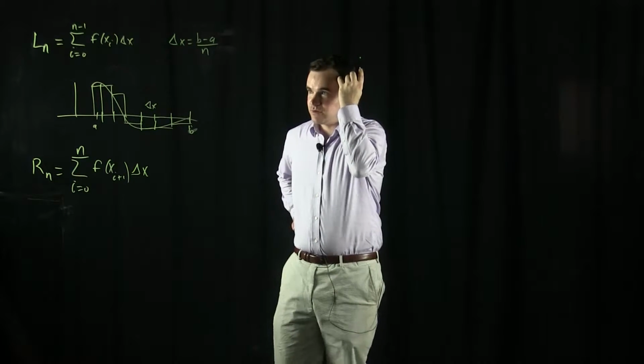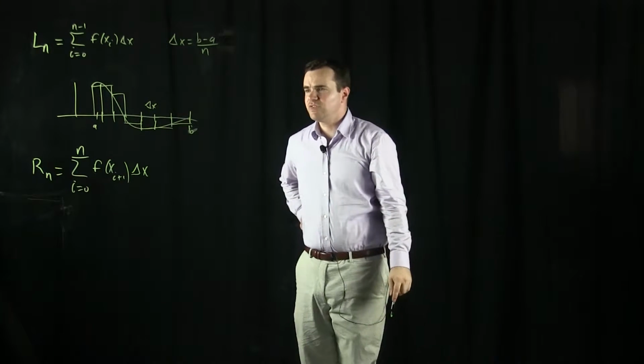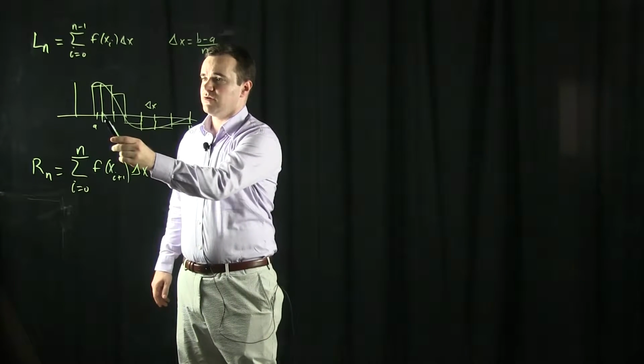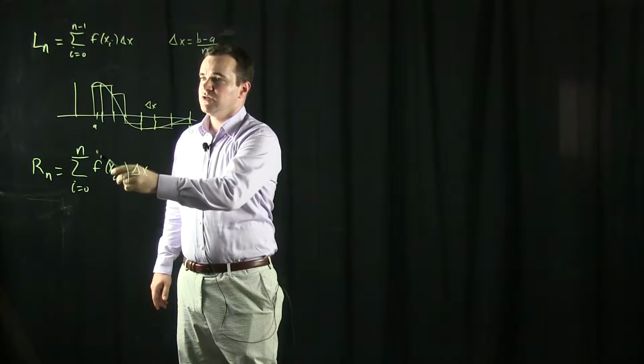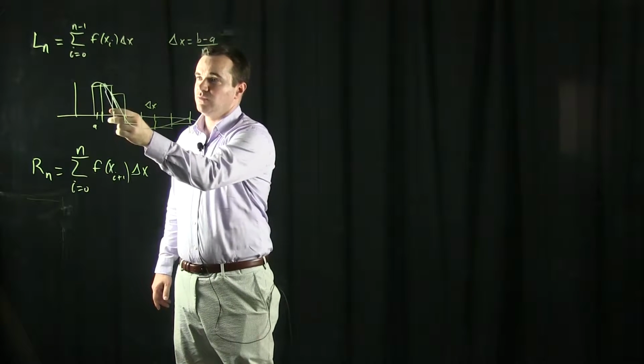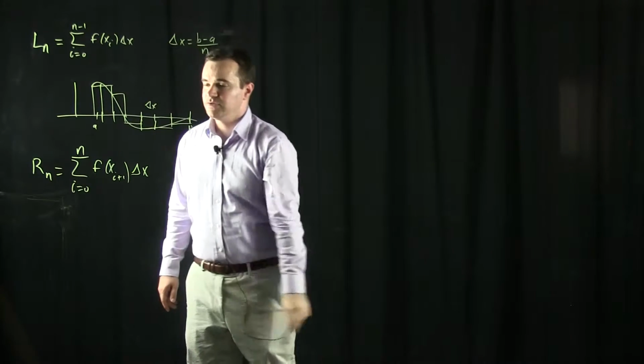So these formulas look very similar, but they give you slightly different approximations. If here's x0, x1, x2, x3, so on the first interval, instead of f of x0, you've got f of x1. You'd be up here. That'd be a little bit different rectangle.